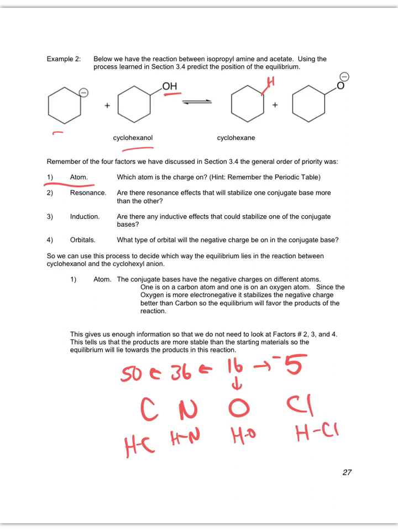So of these, hydrogen on oxygen is more acidic, so the cyclohexanol is the strong acid. The cyclohexane is the weak acid. Reaction goes to the weaker acid and weaker base. The reaction goes to the right, just as written.